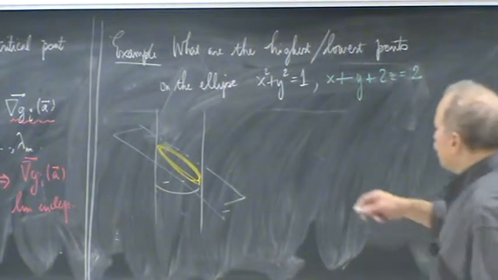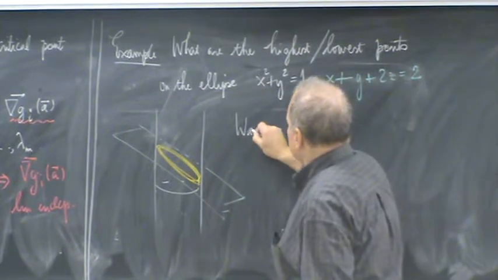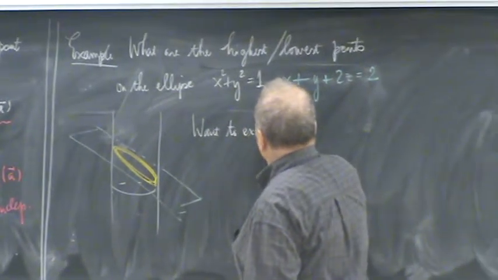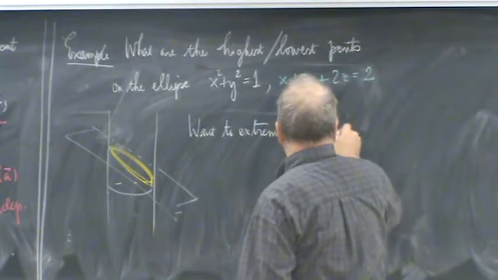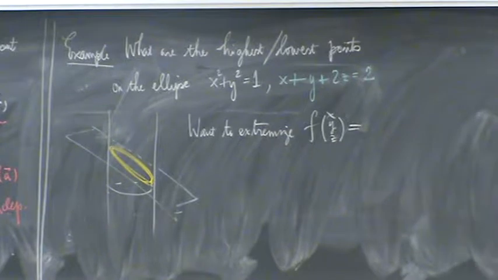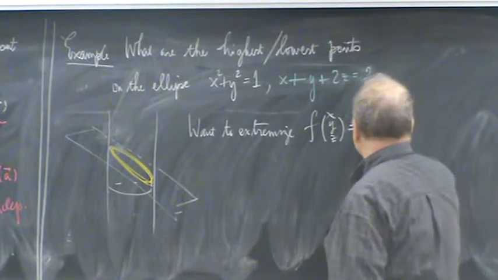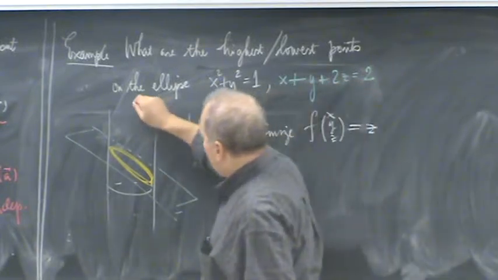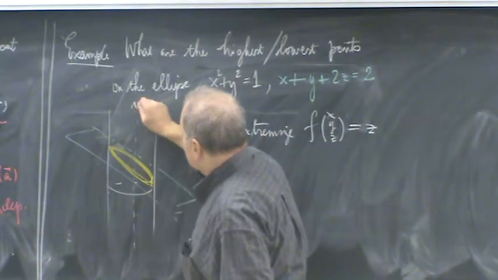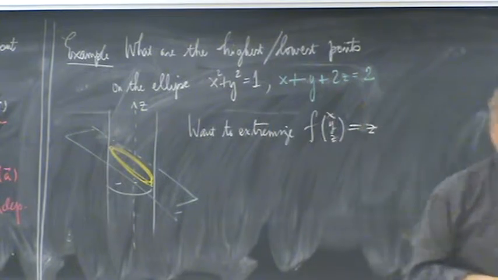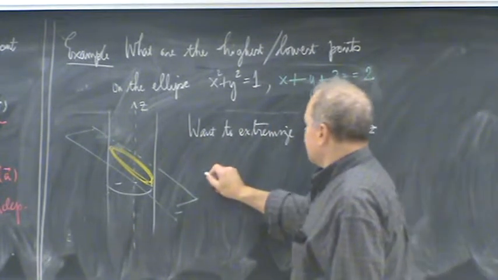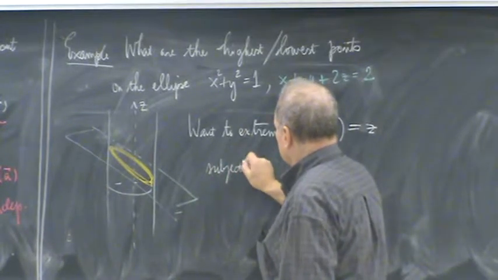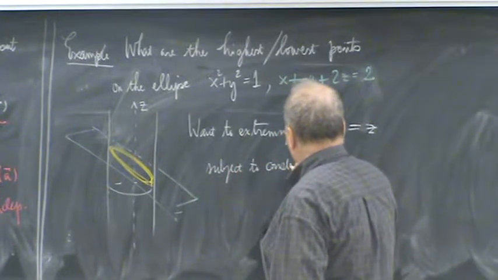So what function do I want to maximize, minimize? I want to extremize f of x, y, z equals z. Highest and lowest, of course, refer to the vertical axis. Subject to constraints: x squared plus y squared is 1, and x plus y plus 2z is 2.